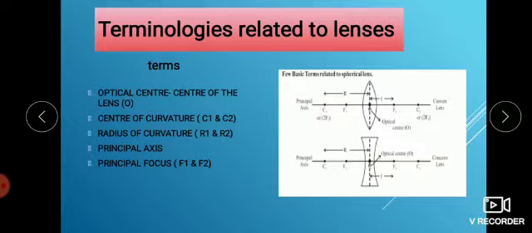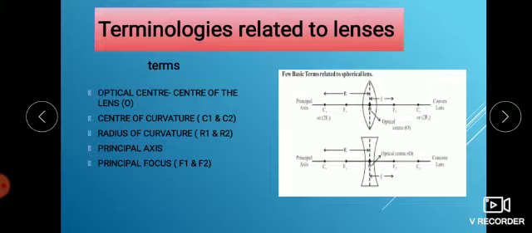In some pictures, maybe in a textbook, instead of C you can see 2f1 and here 2f2. So do not get confused. Either we write it as C or we write it as 2f1. Both mean the same.